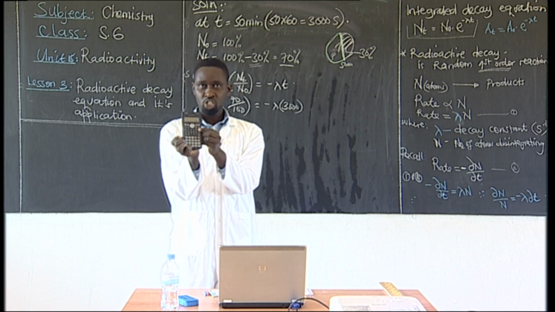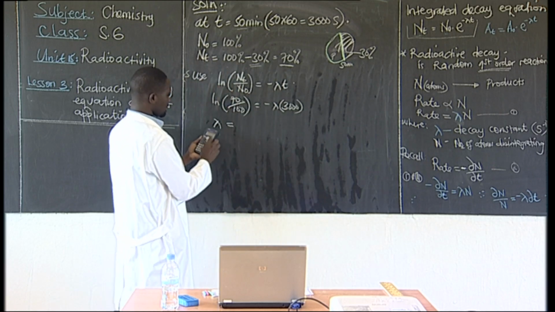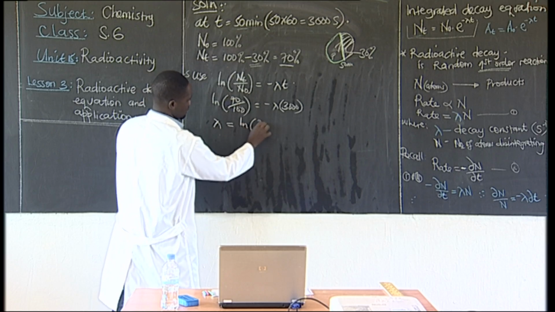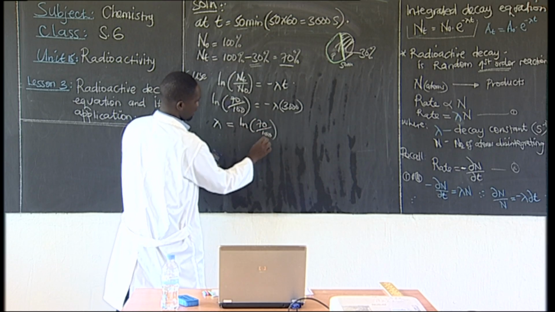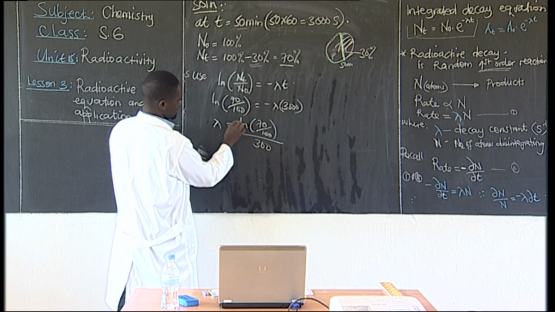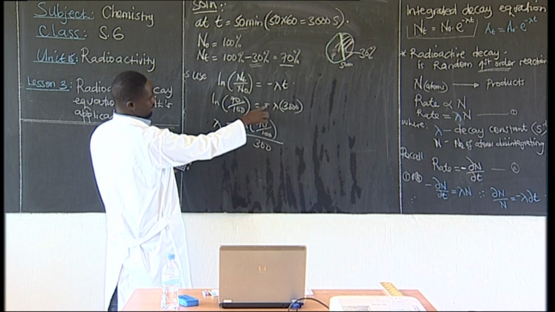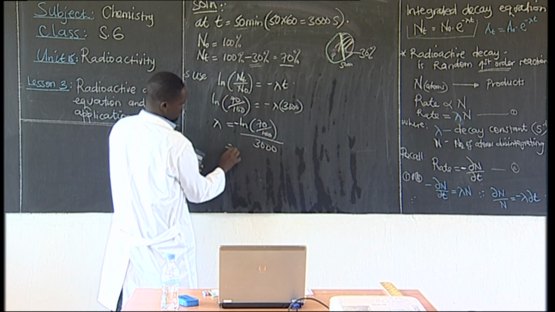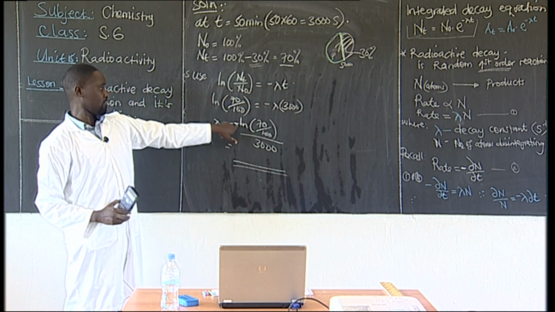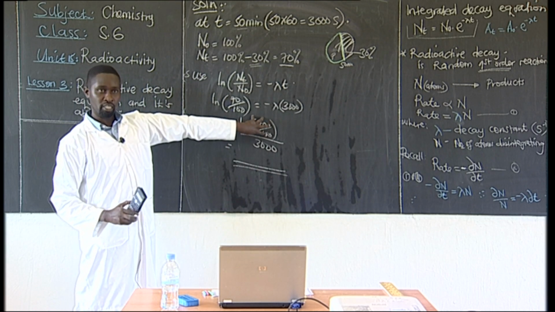And as such, you just go to your calculator, press in ln of this value, 70 over 100, divided by 3,000, but this is now going to be a negative here by 1,000. Then you get the value. The value will be positive because the negative here will cancel with the negative from ln.